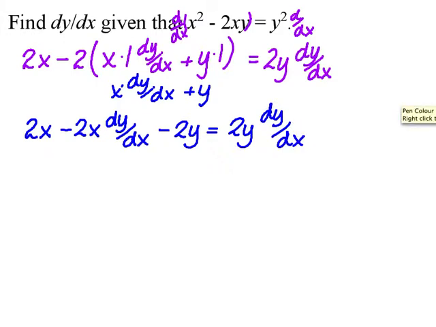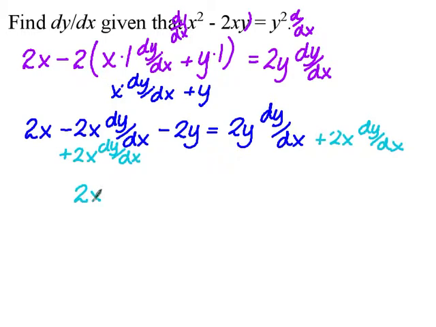So now our instructions are to collect the terms involving dy dx on one side. So I'm actually going to move my 2x to the right side. I'm going to add 2x over here. So on the left side, you're left with 2x minus 2y.